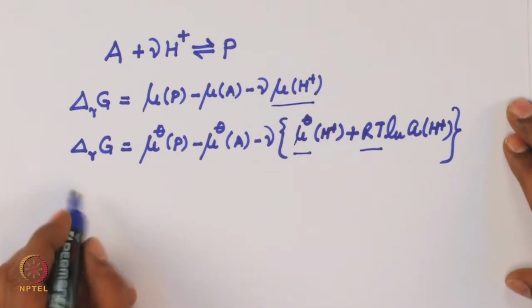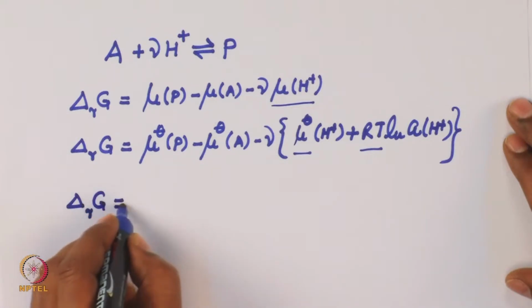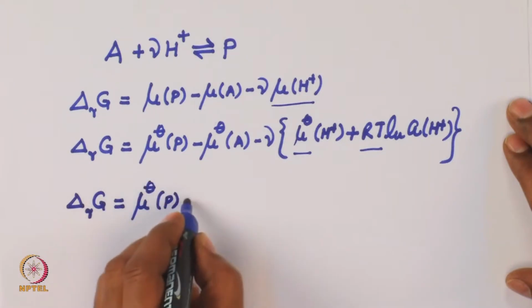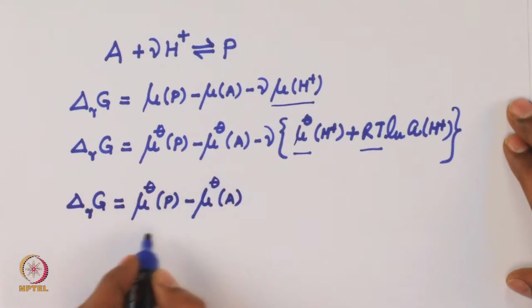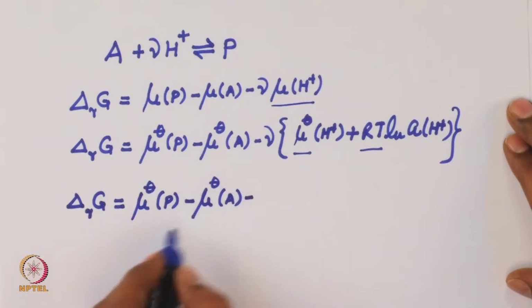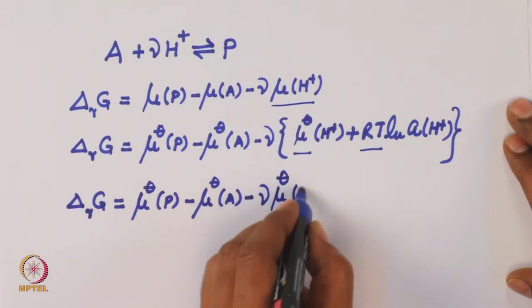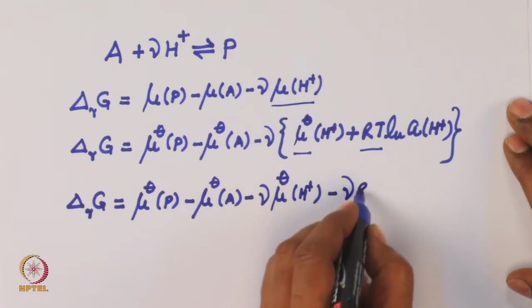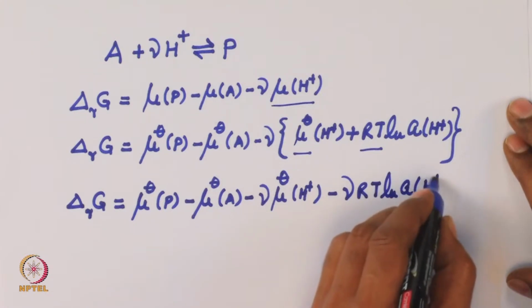Now, I will combine all the standard state quantities. So, delta Rg is equal to mu naught P minus mu naught A minus nu mu naught H plus, minus nu RT log activity of H plus.